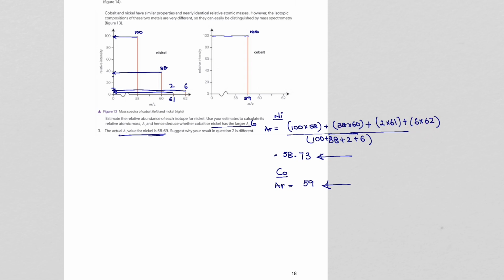We've guessed it from the spectrum. It's not the real values. So this might affect this answer. And the second reason is that no one says that there's only 4 isotopes. There could be more isotopes. So maybe other isotopes are present. So you can have those 2 reasons.